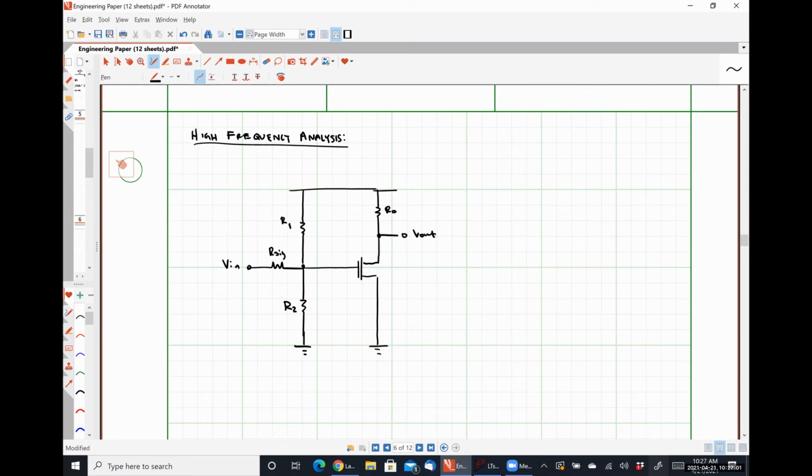Here is V out, okay? So at high frequencies, we should see the internal capacitances of the transistor come into play.